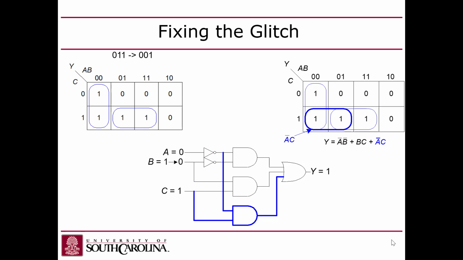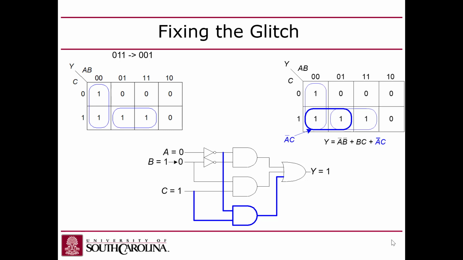what's really happening there is you've got these two groupings on the Karnaugh map, and when you change A, was it A or B? B. When you change B from 0 to 1, so you start out here on the Karnaugh map, you change B and you go from here to here. You leave one grouping and you go into another grouping on the Karnaugh map, right?